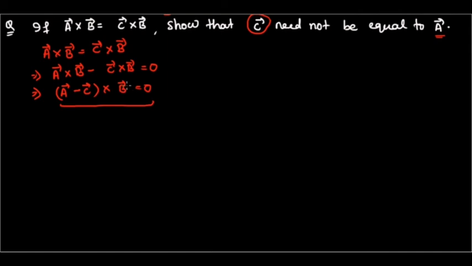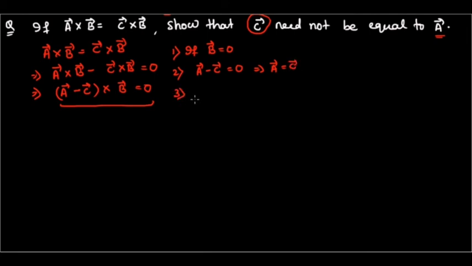The first one is, if B vector equals 0, then I will get this condition, (A vector minus C vector) cross B vector equal to 0, because I have taken B vector equal to 0. This is the first situation. The second situation is A vector minus C vector equal to 0. That implies A vector equals C vector. So this is one of the conditions.